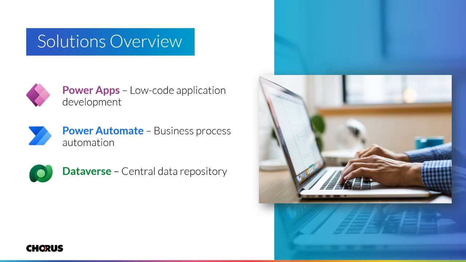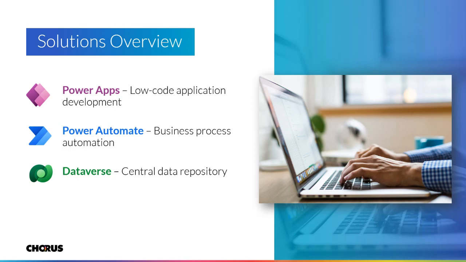So there's three elements that we're going to look at today: Power Apps, Power Automate, and Dataverse. Power Apps is really a term, if you're not familiar with it, for first-party apps that sit on top of the Dataverse. You can think of the Dataverse as a bit of a SQL database that's powering all of this wonderful Power Platform with lots and lots of functionality around it.